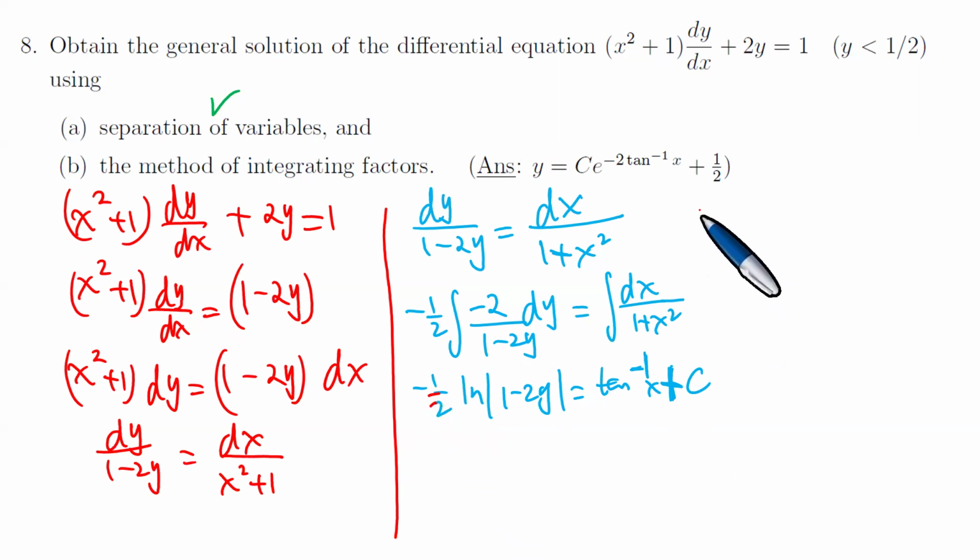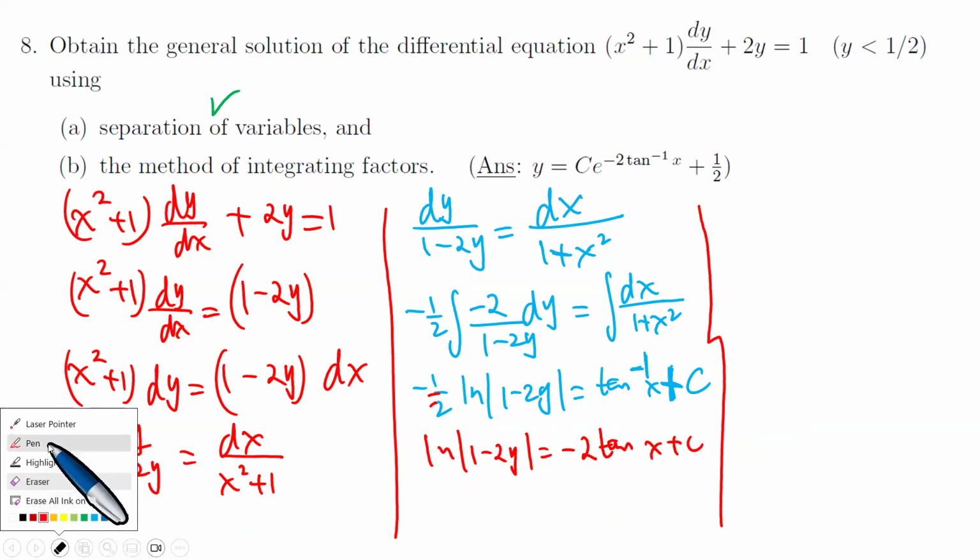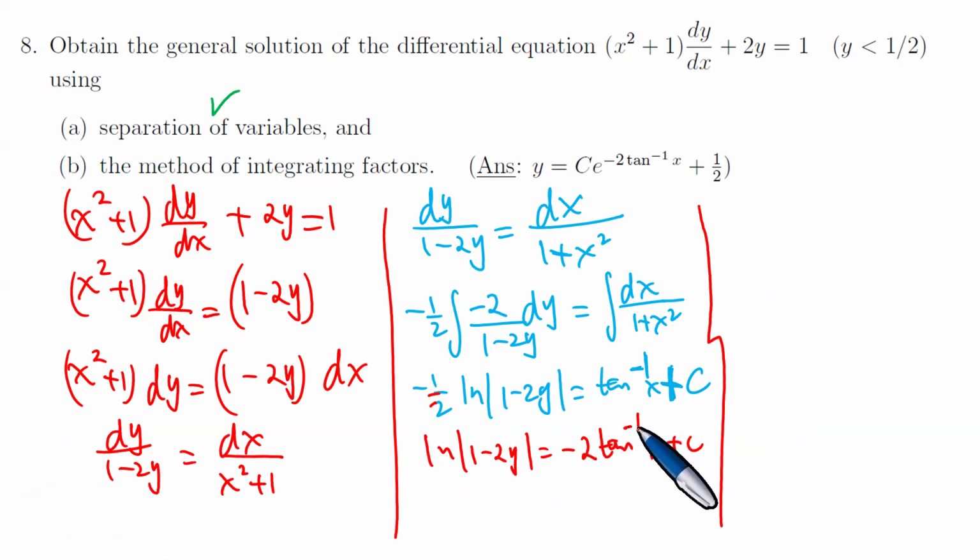Multiply through by the negative 2, so you have this one here plus c.